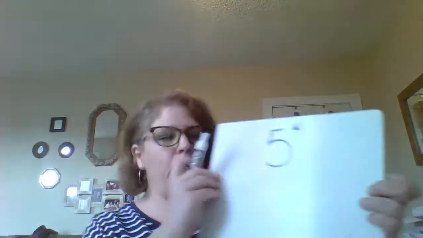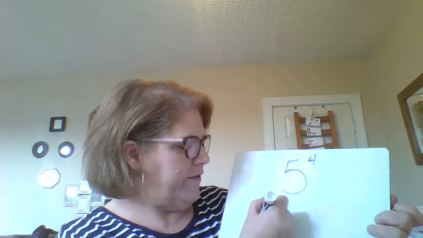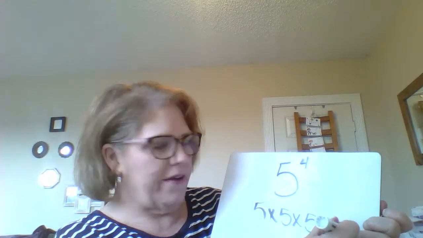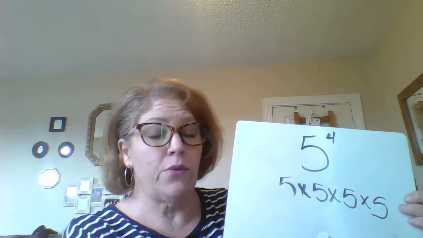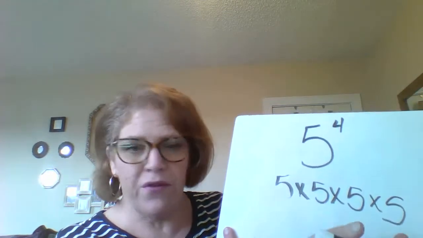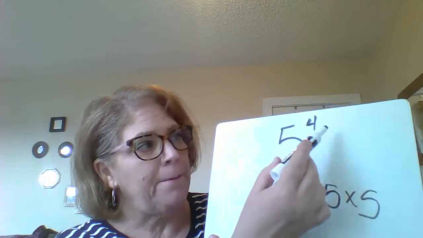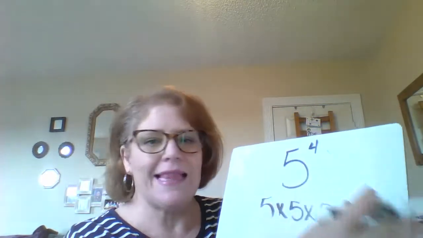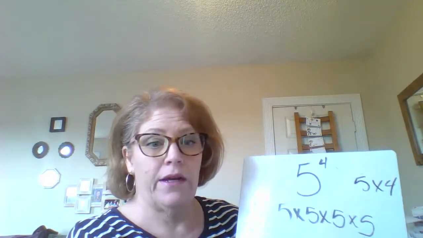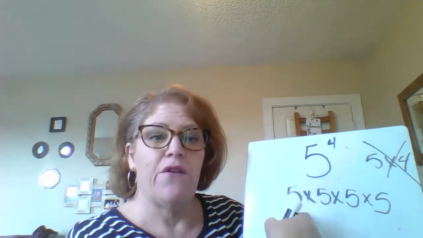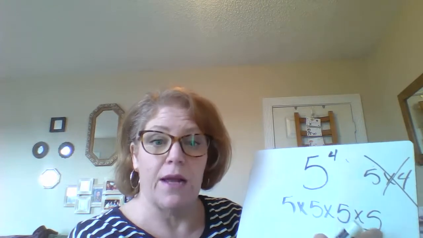So 5 to the power of 4 is actually 5 times 5 times 5 times 5. When you are working with exponents, you never multiply the base by the exponent. This whole thing is called a power, and it is not saying 5 times 4. It is saying 5 times 5 times 5 times 5.